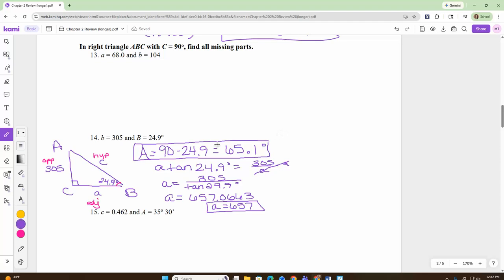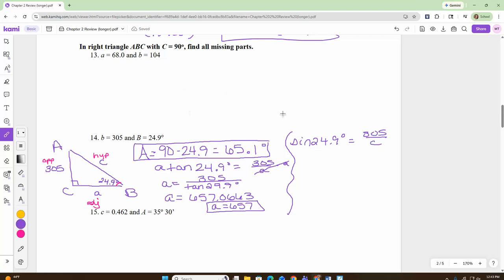All right, then how could I find side C? You have two options. You could do opposite over hypotenuse, so sine. Could you also do Pythagorean theorem at this point? Yeah. I don't care, but I do need you to show me the work because, especially with significant digits, depending on which way you solve it, the rounding may be slightly different, so I need to know how you're getting your answer.